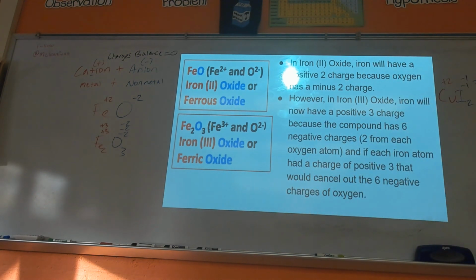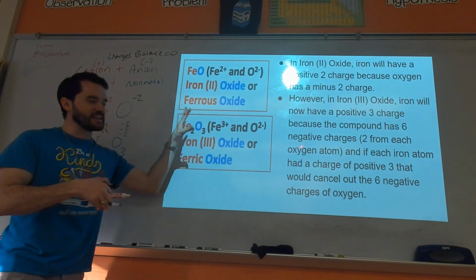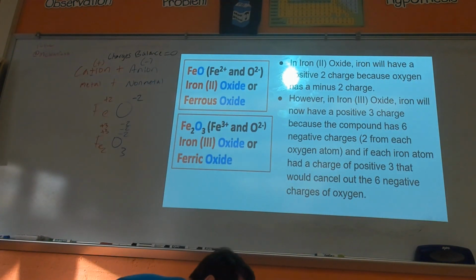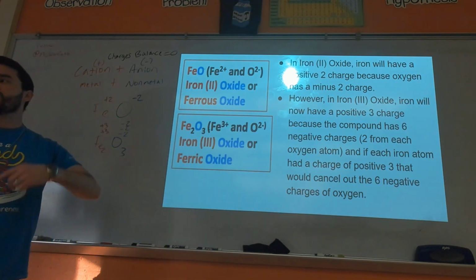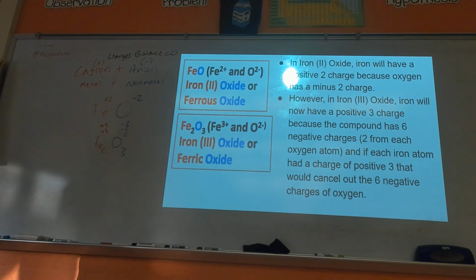Nothing new here. This is just explaining in words what I already did on the board. Whatever it takes to cancel out the charges of the anion, that's how you figure out the charge on the cation, the charge on that transition metal.